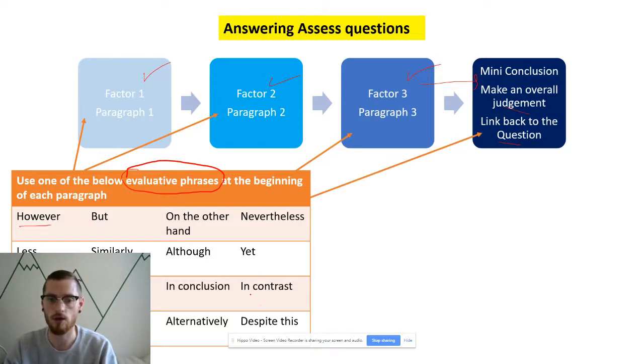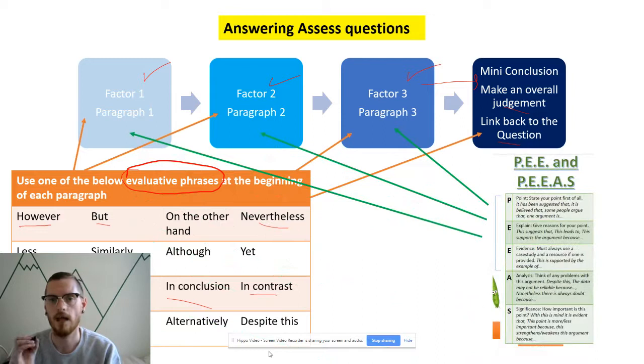Or in contrast, nevertheless, on balance, even so, similarly, but, okay. And then let's just use something like in conclusion, or the most important point is. You don't have to rank them all in the conclusion, but if that's going to be a judgment, you just pick one as the most important, state succinctly why, link back to the question, do that.